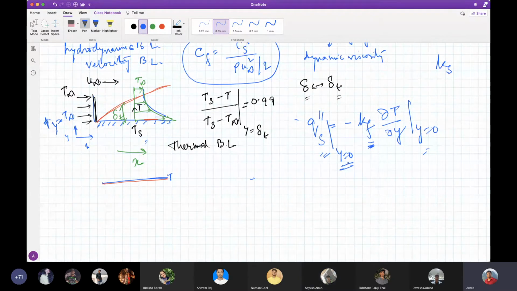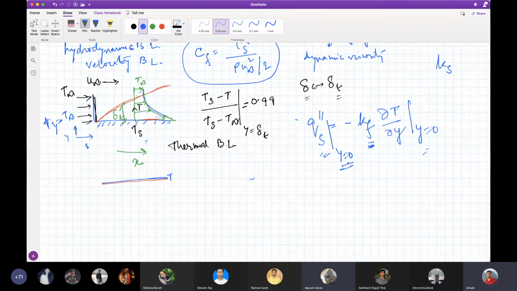But in certain cases, in several fluids, those nearest particles don't stick to the surface. They roll. That is called the slip velocity condition. That is an exception.